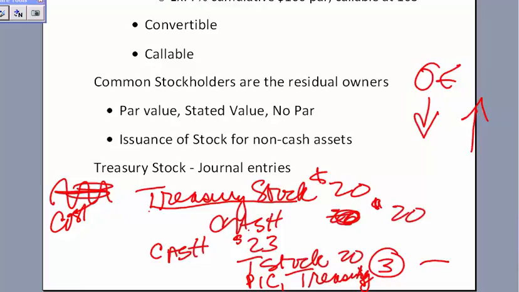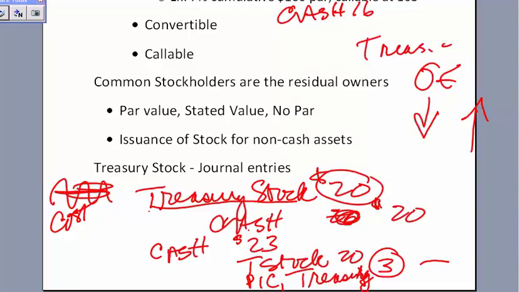There's one more little nuance, and I'll write it up at the top here where I've got a little bit of white room. What happens if you turn around and issue more of the stock that you bought at 20, but you only got cash of 16? So again, the treasury stock has to come off the books at 20. Well, one thing you can do is, since you made a profit by reselling it on the market and you have money in that PIK account for $3, you can take the PIK treasury and absorb 3 of that.